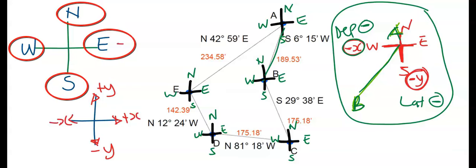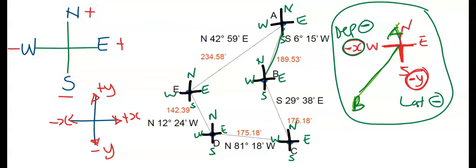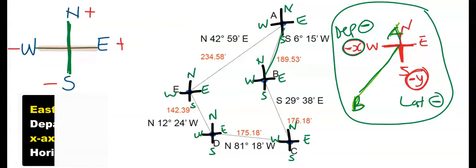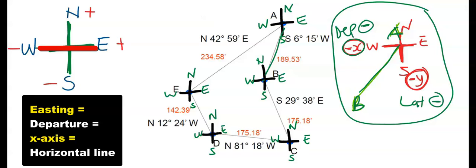Same here: this is going to have a plus, here is a plus, here is a minus, and here is a minus. Next, always remember that the vertical line is always your northing, and the northing is the same thing as latitude. Likewise, the horizontal is always your easting, and the easting is the same thing as departure.